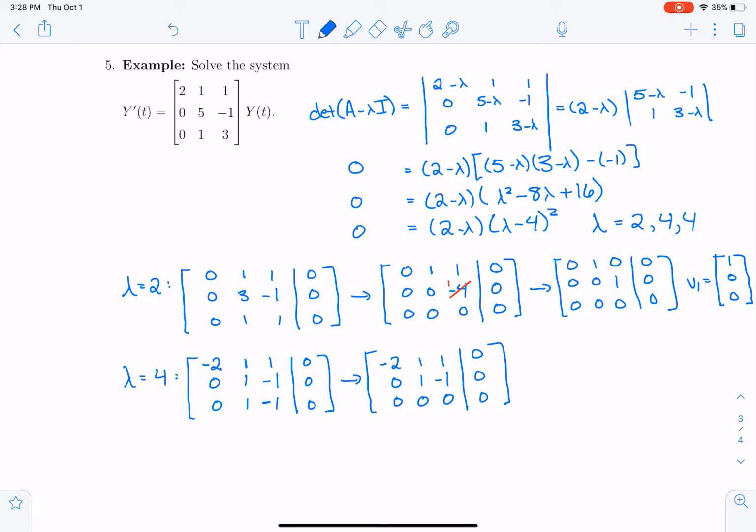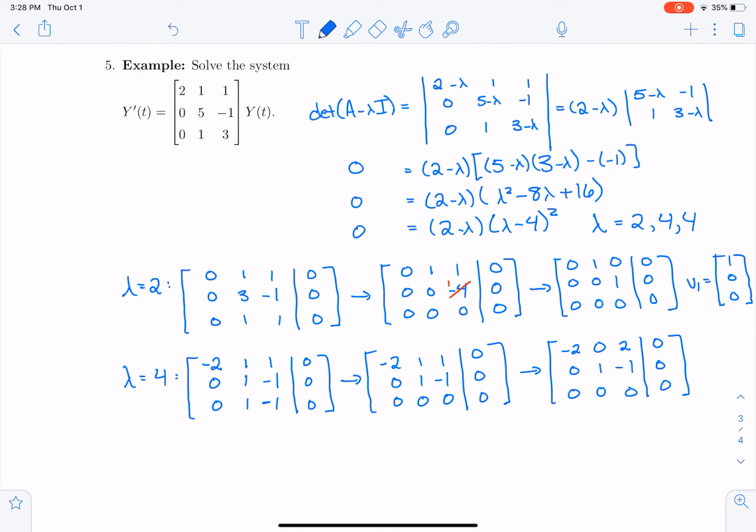So at this point, I can take the first row and I'm going to subtract the second row. So I'm going to get negative 2, 0, 2. And then I have a 0, 1, negative 1 there, and 0, 0, 0, so that the last row is all zeros there.